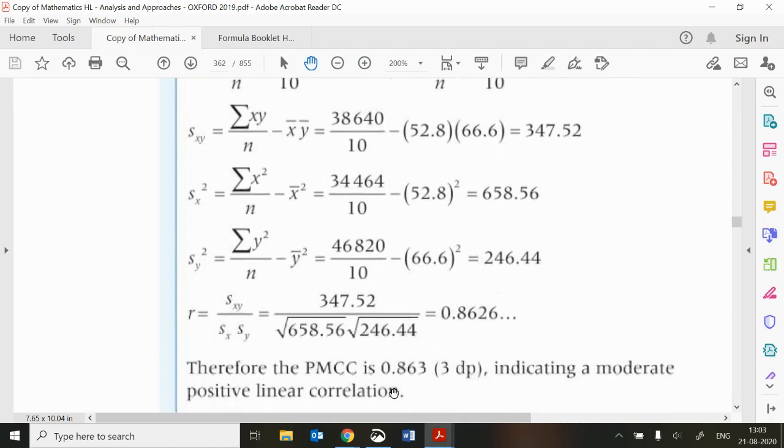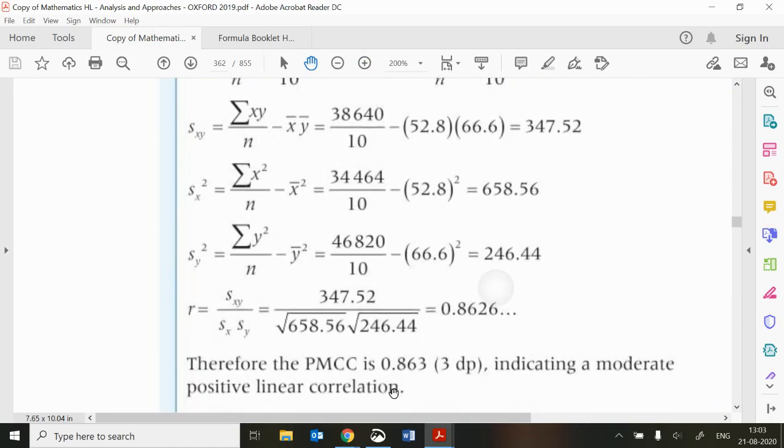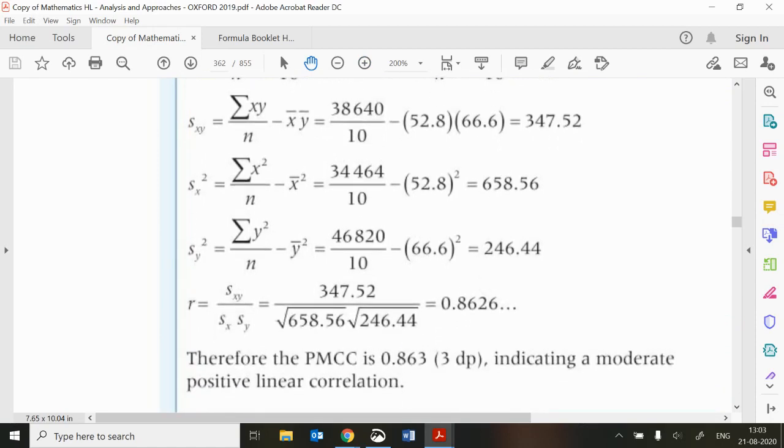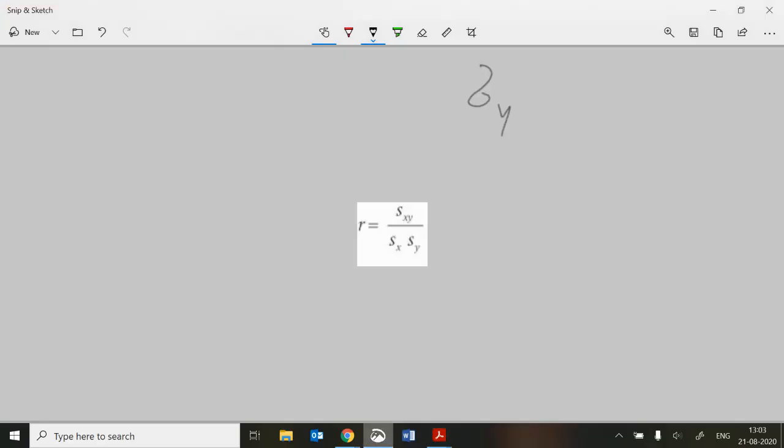Okay, so they're allowing the n in there. So Sy is our standard deviation in terms of y. This is the standard deviation of y values. And of course, Sx is similar.